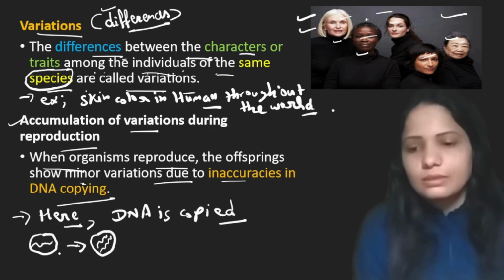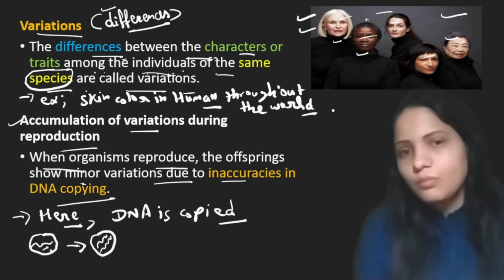This is the parent DNA, and then during DNA replication, which is the process of copying DNA, this exact DNA is copied into a new DNA. This is the parent DNA and this is the new DNA formed after copying of the old DNA. So this is DNA replication. Whenever cell division takes place, this process of DNA copying happens.